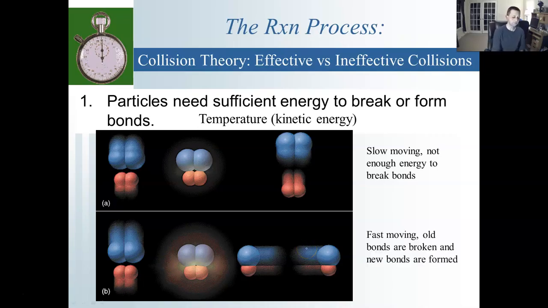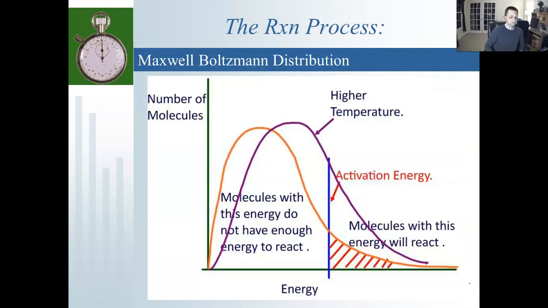So the H2 plus I2 yields 2HI. Looks like that's the reaction that's occurring here. So underneath, the faster moving particles help our old bonds break and our new bonds form. The better your temperature, the more kinetic energy you have, the better your opportunity or chance of bonds being broken and new bonds being formed.